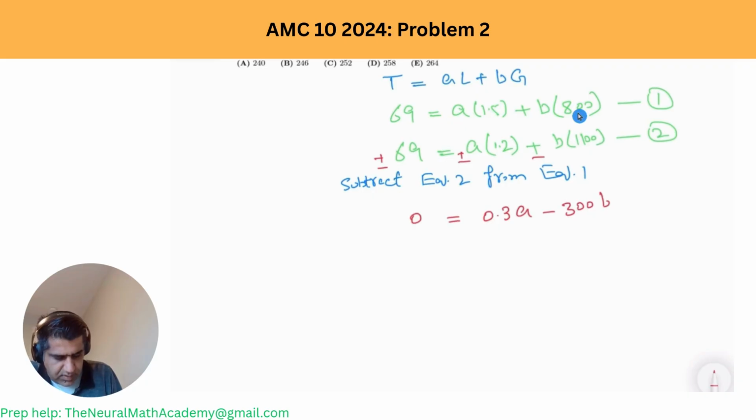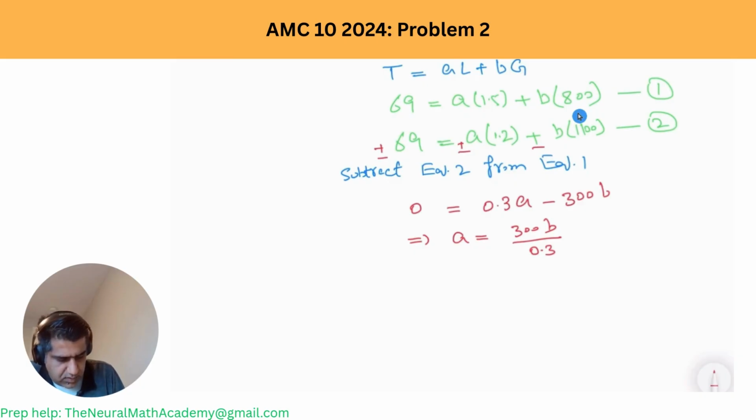And now I can rearrange to find the value of a in terms of b. So for that, I would get a equal to 300b over 0.3.